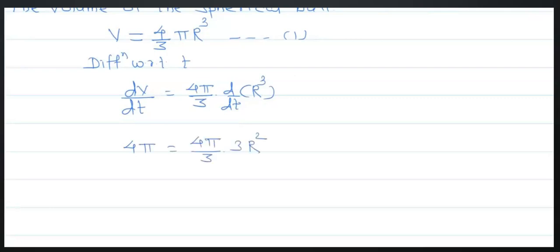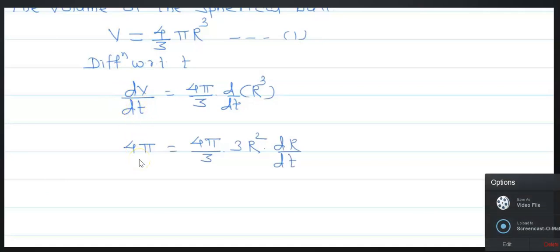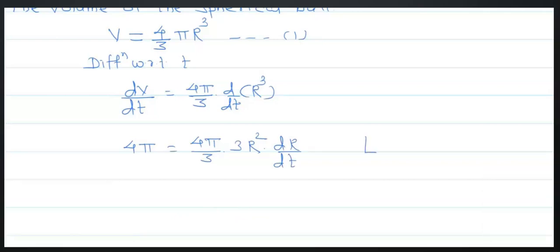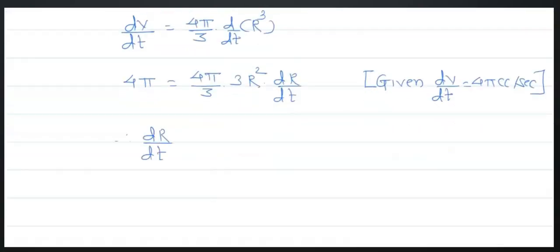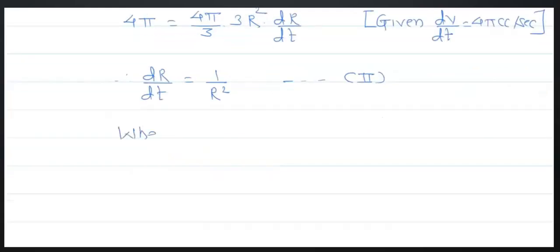Its rate is given, dV upon dt is 4 pi. So 4 pi is equal to 4 pi upon 3 times the derivative of r cube, that is 3r square into dr upon dt. That's how we will get the value of dr upon dt. Therefore dr upon dt is equal to 1 upon r square.